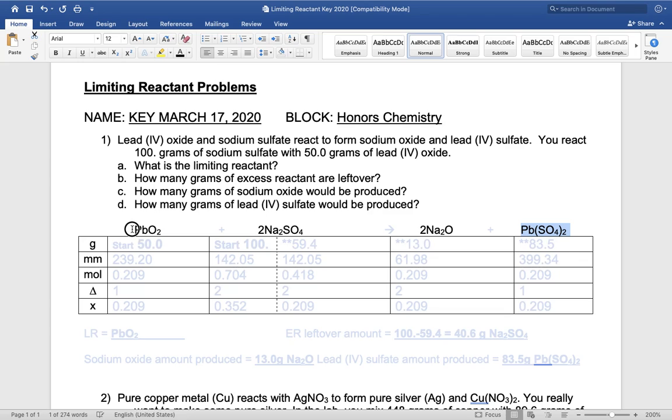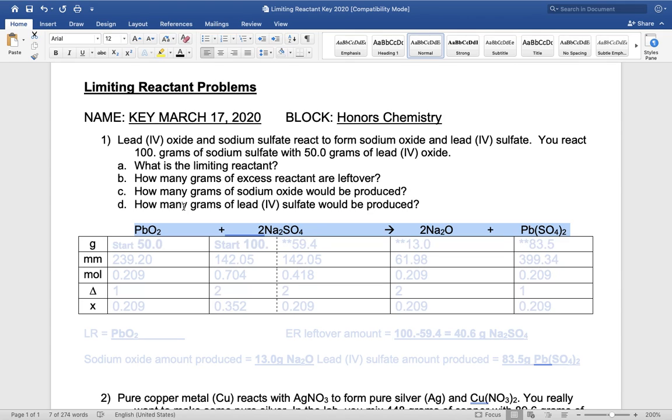Then I balance it, and you can see it's already been balanced for you. If you can't get a correct balanced equation, it's very difficult to get the right number answers for any stoichiometry problems. So now let's go through the questions.